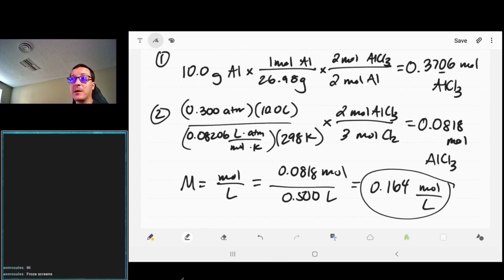So we could stop at moles and see that the second moles are much smaller than the first moles. So obviously it's going to give us a smaller molarity. We always want the smaller one for this sort of thing. And so in this case, chlorine was our limiting reactant. Aluminum is our excess reactant. And we'll end up producing 0.164 molar solution at the end of this reaction.